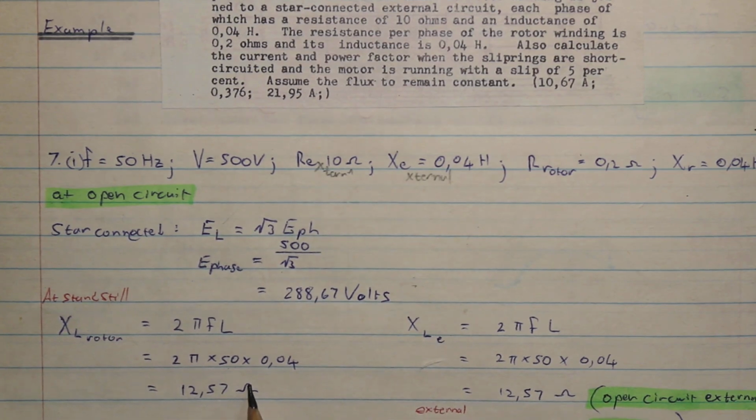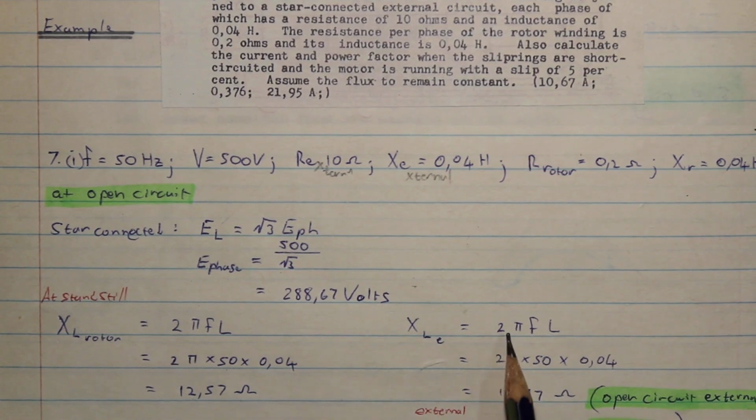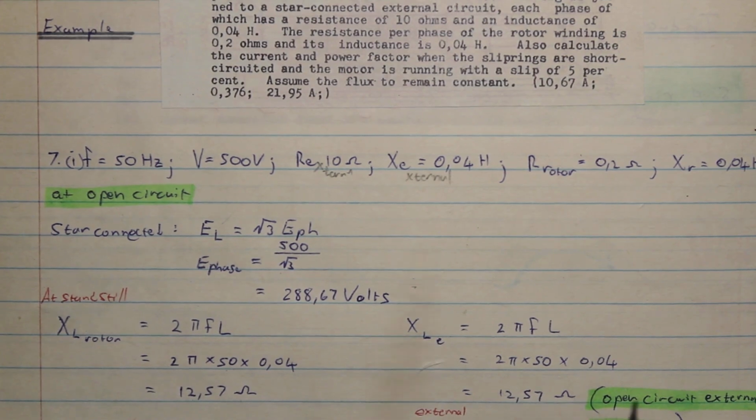So that's the inductive reactance of the rotor coil. Then the inductive reactance of the external resistor, also 2 pi f L. So 2 pi times 50 times 0.04, and we also get 12.57. Right, so that's of the external resistor.